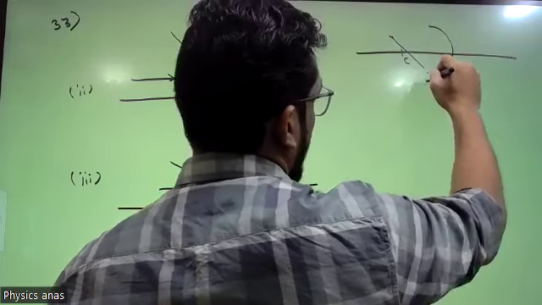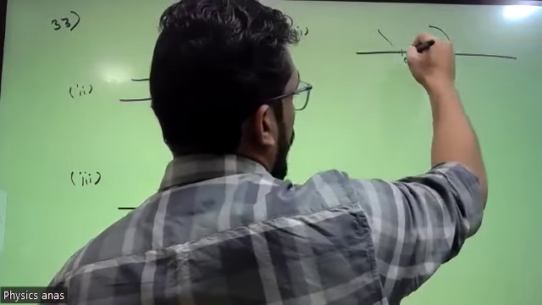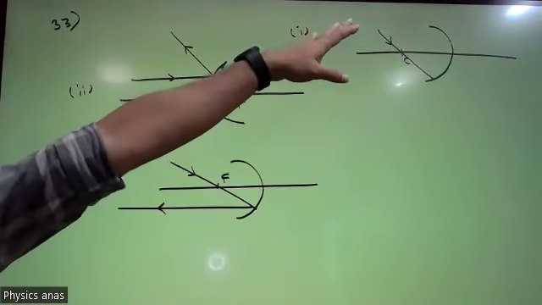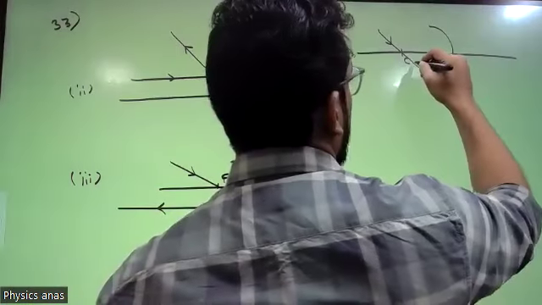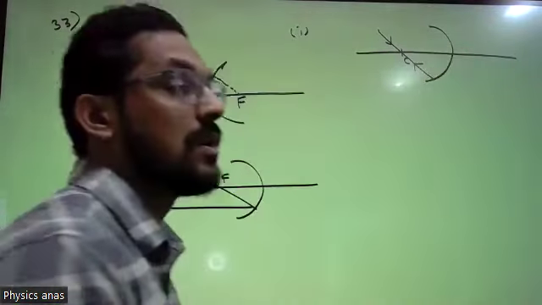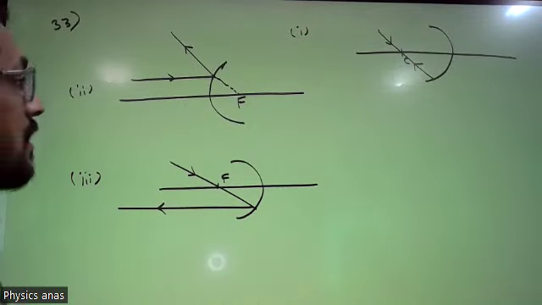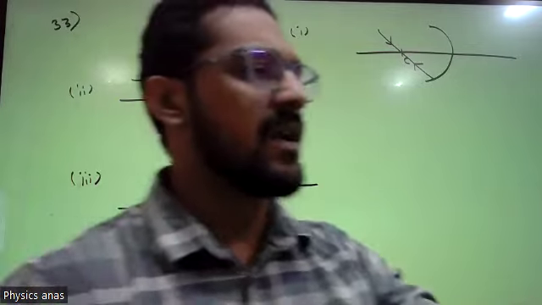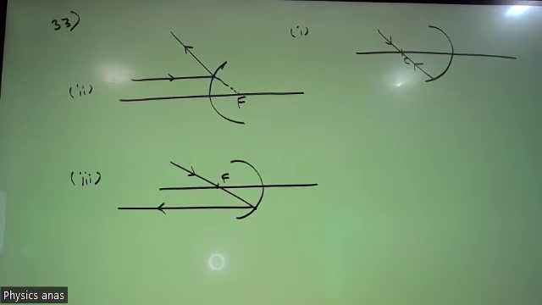If a light ray is passing through the center of curvature, it will get reflected and return along the same path. These are very simple figures. Just draw rough figures. Don't use a compass, pencil, or scale. Rough figures only are needed.